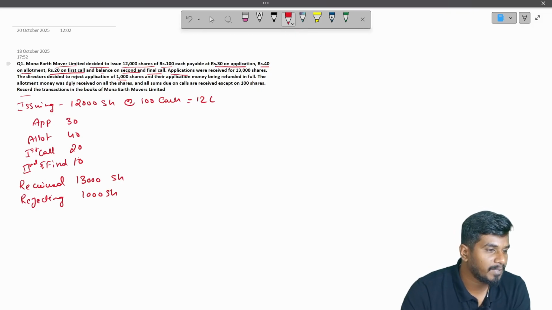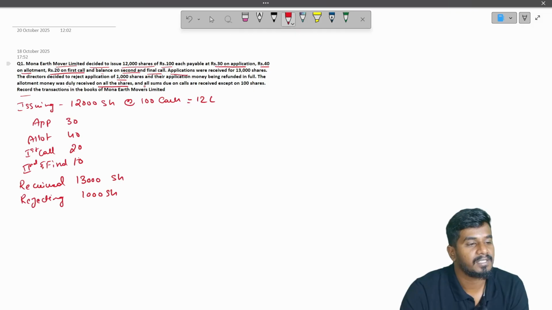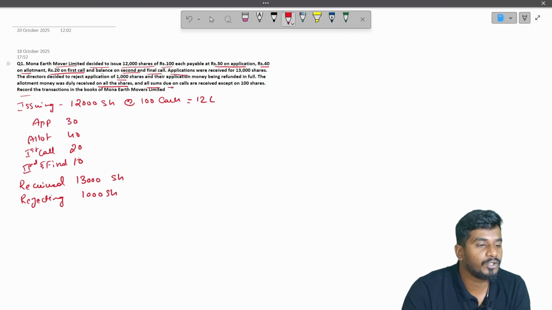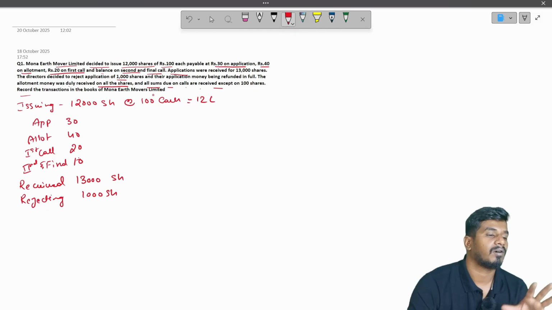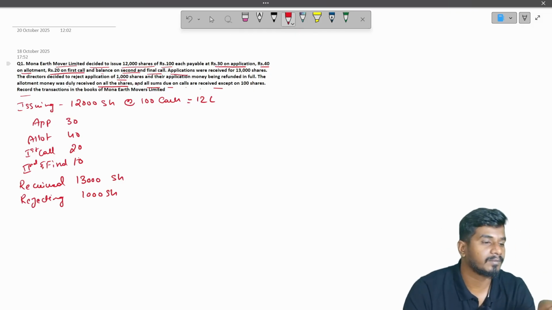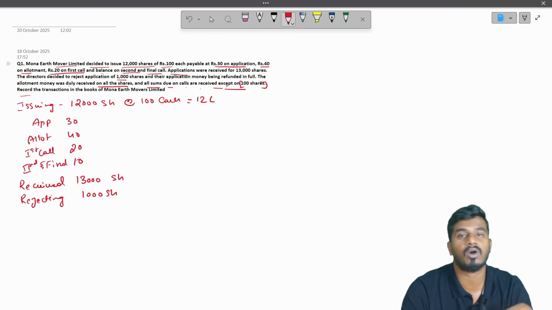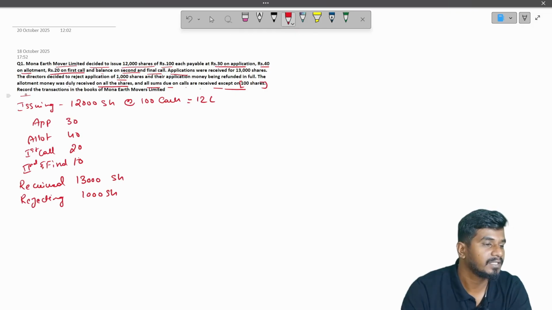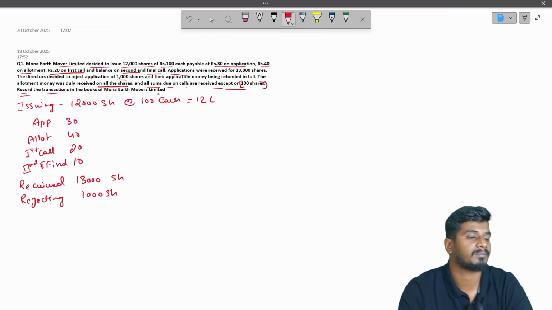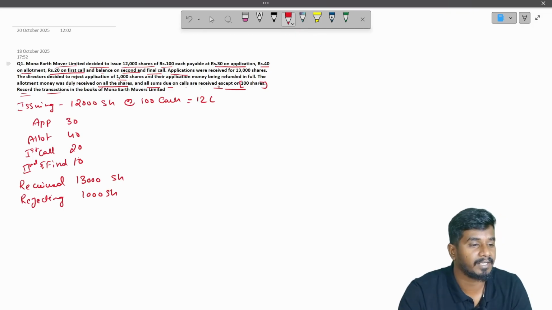The allotment money was duly received on all the shares, and all sums due on calls are received, except on 100 shares. Record the transactions in the books of Mona Earth Movers Limited.